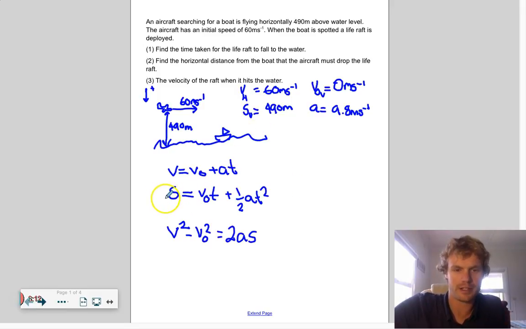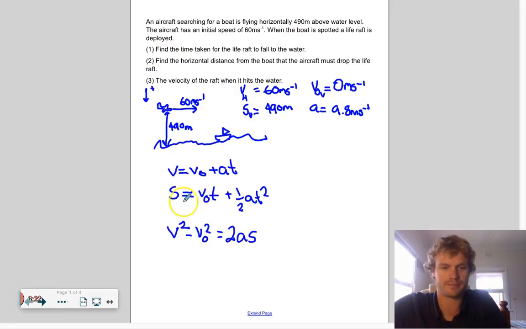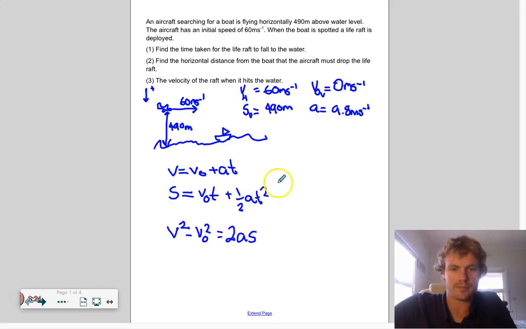If I call S 490, V0 in the vertical direction 0, and A 9.8, I can rearrange to find T, which is what we want to do, find time taken. So I'll use this formula. I can't use this formula because I don't know the final velocity in the vertical component, and I can't use this one because I can't find out the time based on that. I want to find out time.